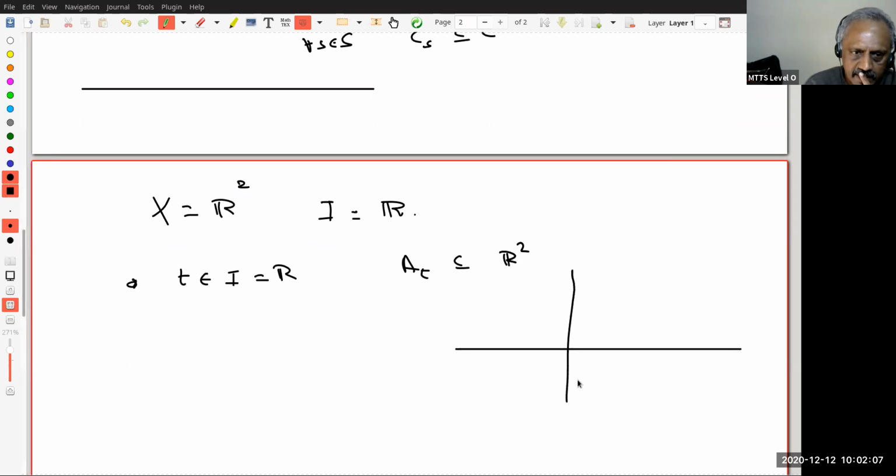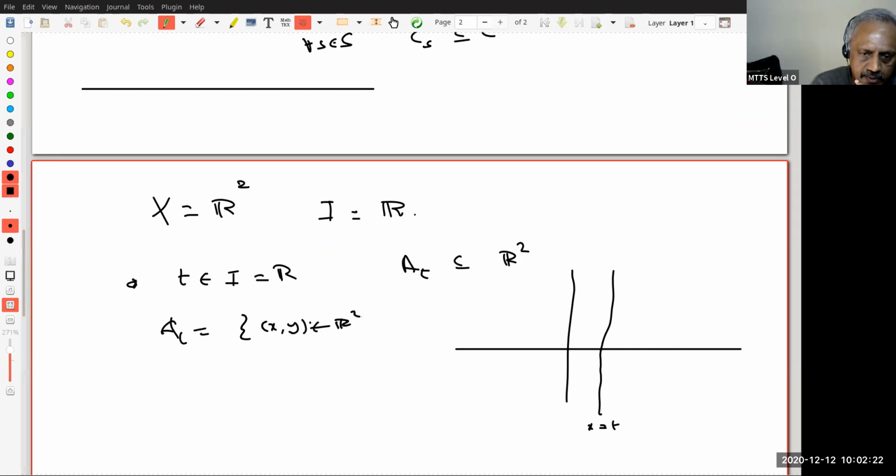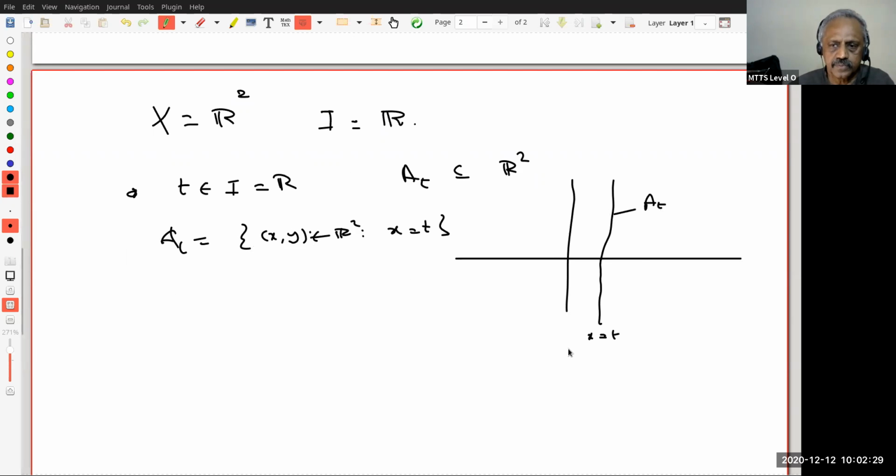You follow that? My A_t is the set of all (x, y) in R^2 such that x equals t. That is this vertical line. This is my A_t. Therefore, this family A_t is indexed by I, where I equals R.